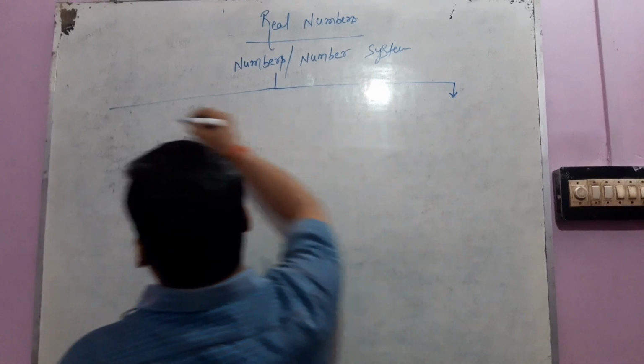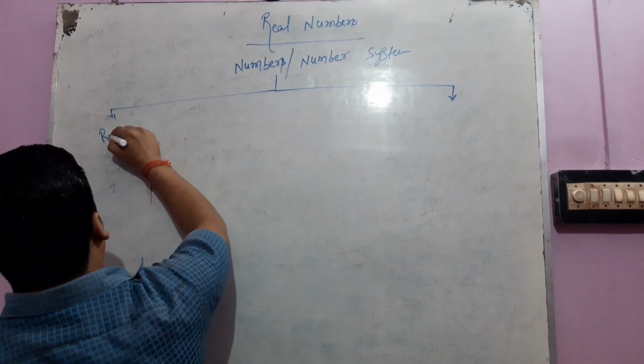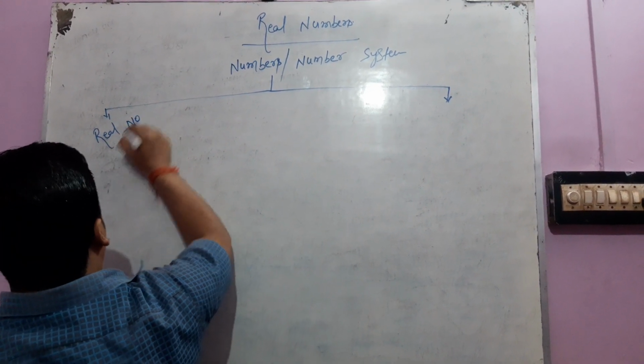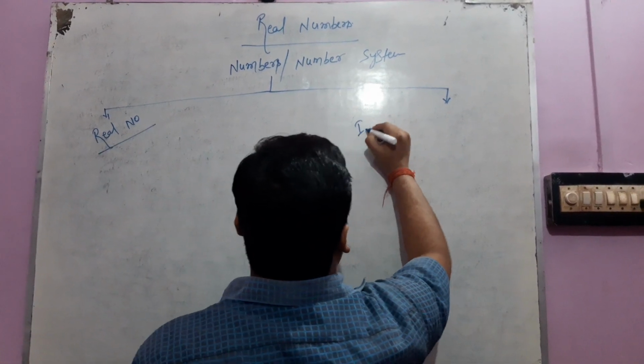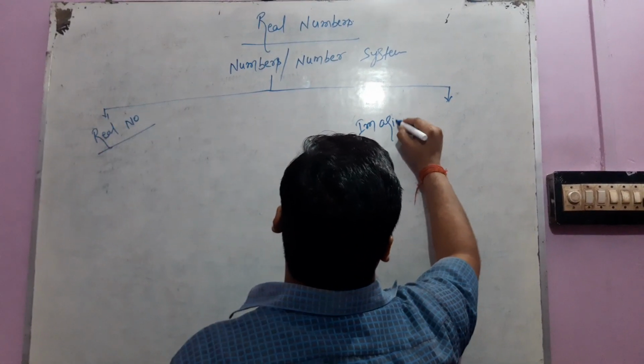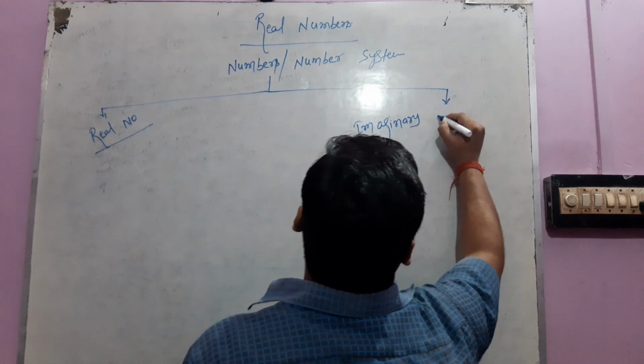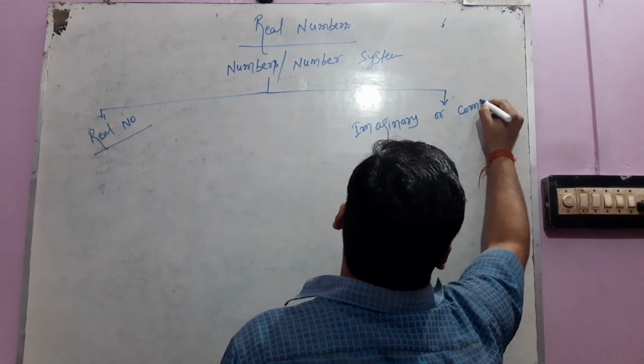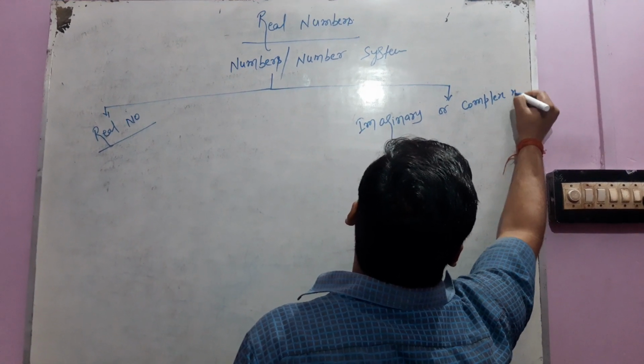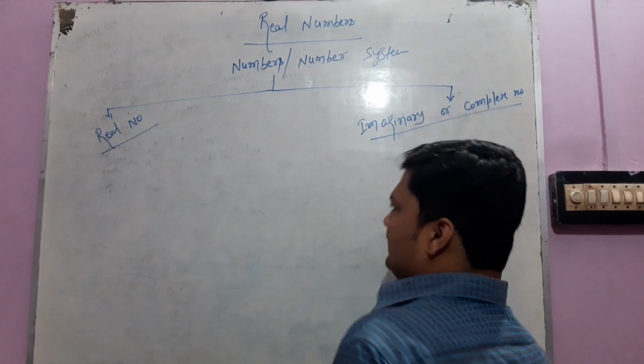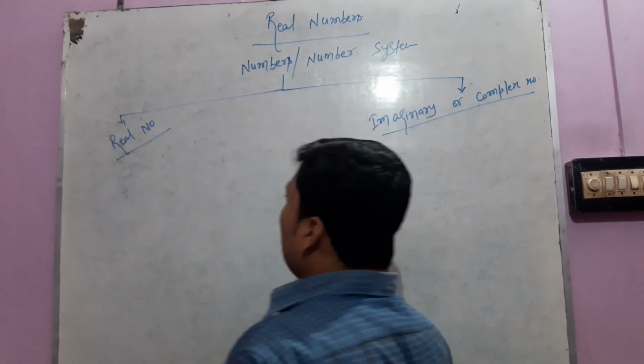They are real numbers and the second is imaginary or complex numbers.